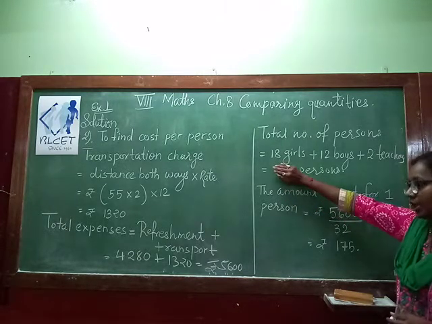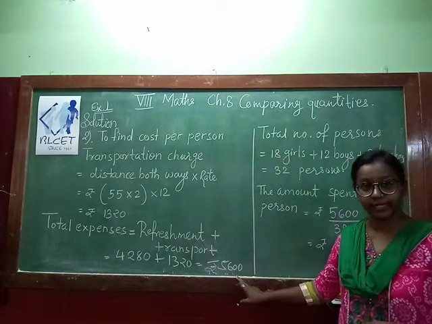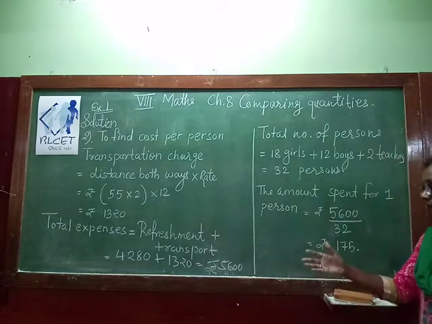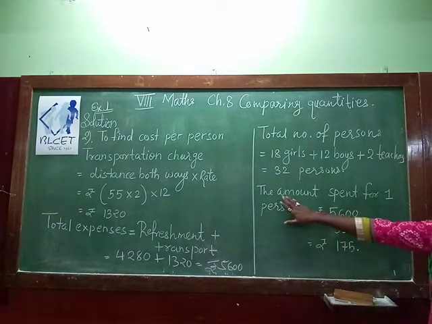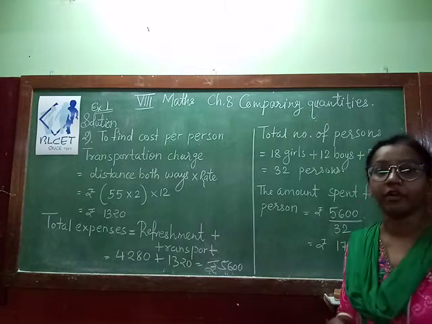So for 32 persons the total expense is rupees 5600. So for one person how much? With the help of the unitary method, or directly, you can find the amount spent for one person is equal to 5600 divided by 32, which is equal to rupees 175. So 175 rupees is spent for one person.